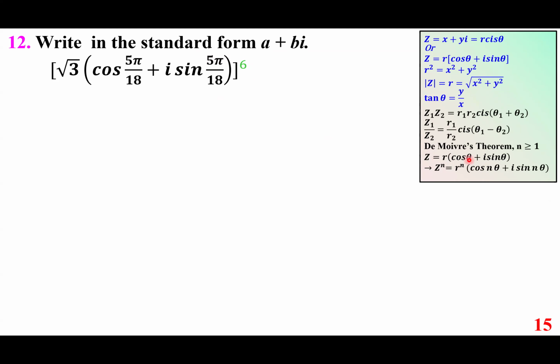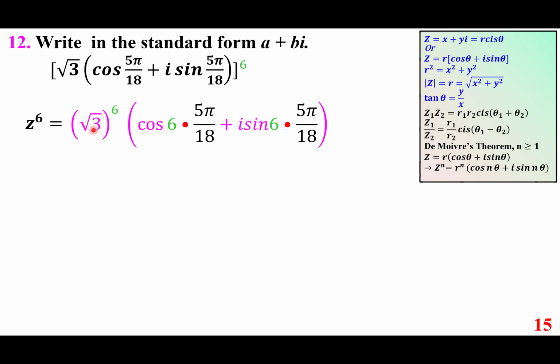If z is r cosine theta plus i sine theta, and we want to raise it to the power of n, z to the power of n, raise r to the power of n and multiply theta by n. So we want to raise this to the power of 6. We are going to raise square root of 3 to the power of 6, and we're going to multiply 5 pi over 18 by 6 for both cases, according to this formula.